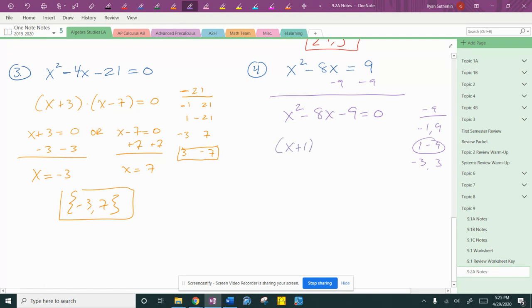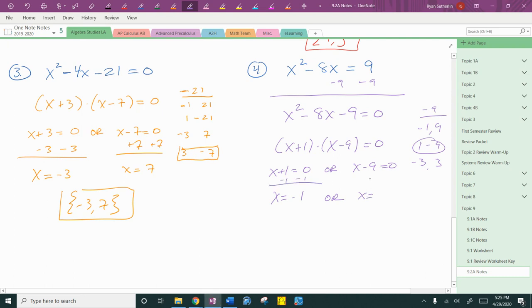So I have x plus 1 times x minus 9 equals 0. So x plus 1 equals 0, or x minus 9 equals 0. So I get x to be negative 1, so I subtract 1 from both sides, or x to be positive 9. So my answers are negative 1 and 9.